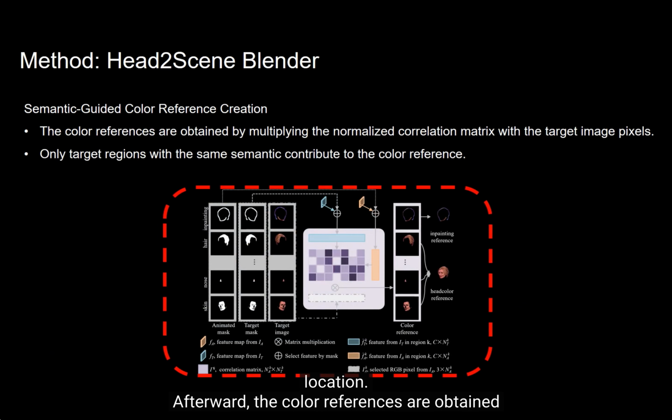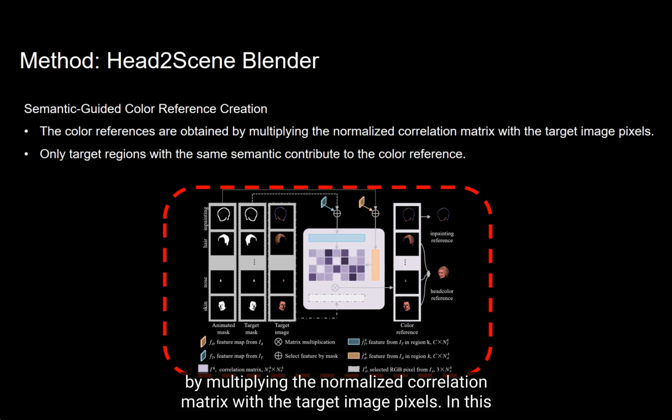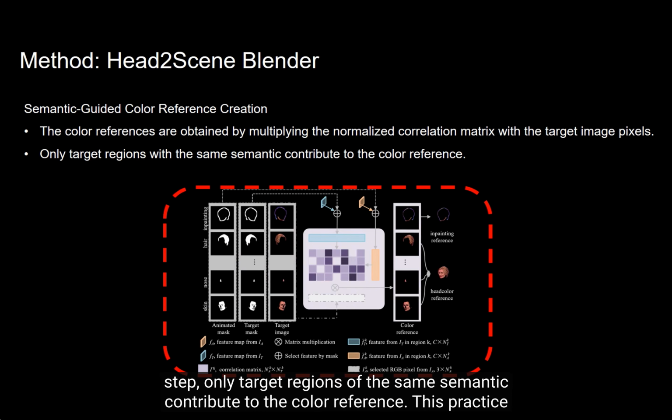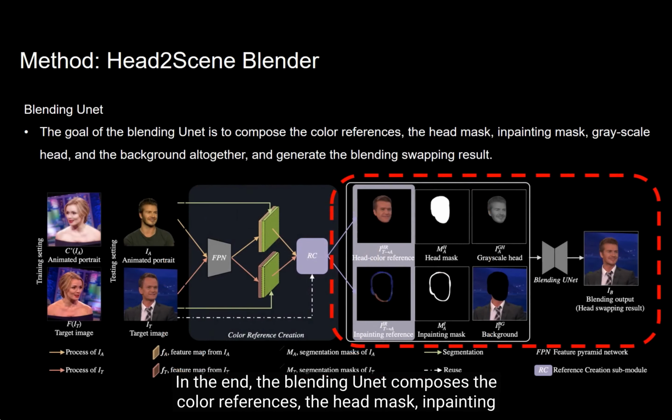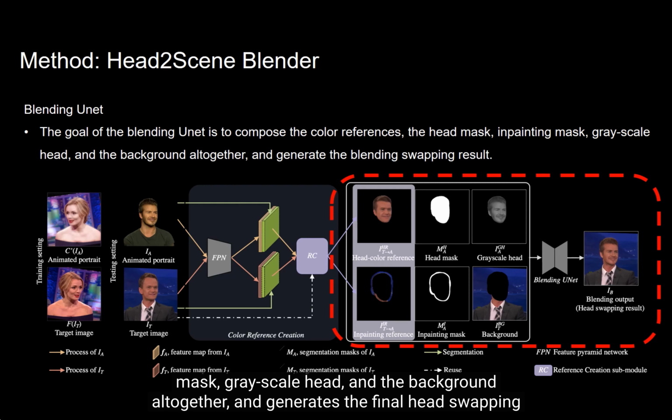Afterward, the color references are obtained by multiplying the normalized correlation matrix with the target image pixels. In this step, only target regions of the same semantic contribute to the color reference. This practice not only alleviates memory consumption but also avoids mismatched correlations. In the end, the blending unit composes the color references, the head mask, inpainting mask, grayscale head, and the background all together, and generates the final head swapping result.